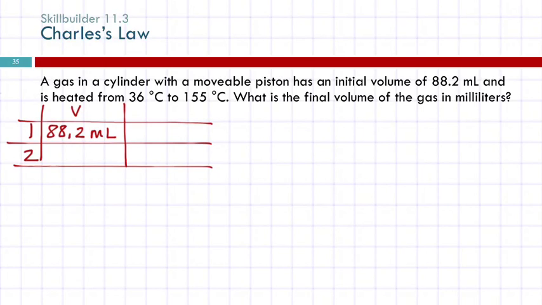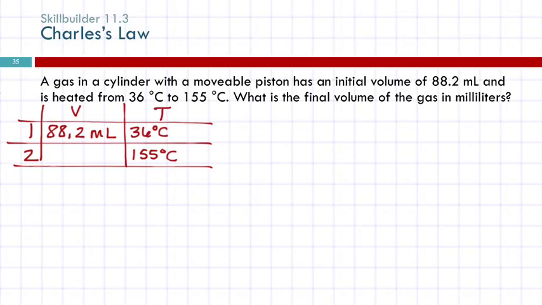So the initial volume goes with the 36, the initial temperature. And if you need to draw a picture, draw a picture. Sometimes that really helps. So the temperature is our other variable here. 36 is where it started, and 155 is where the temperature ended.